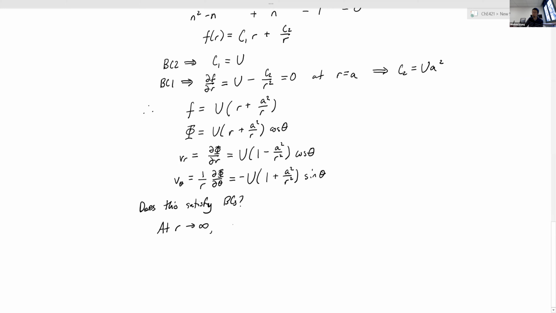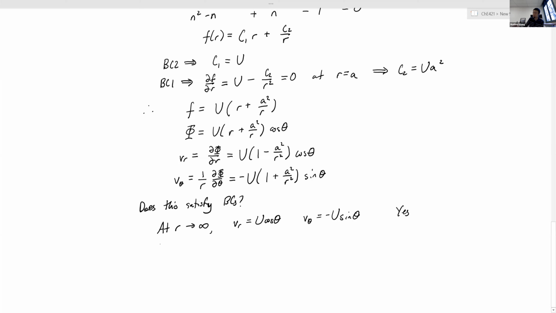And so we have VR is equal to u cosine theta. V theta, again, this term goes away. And so V theta is equal to minus u sine theta. So yes. Okay, yay, we got that one.